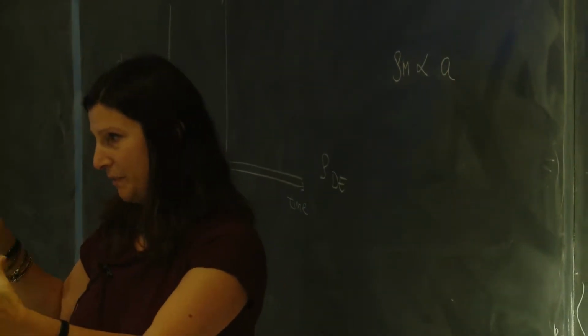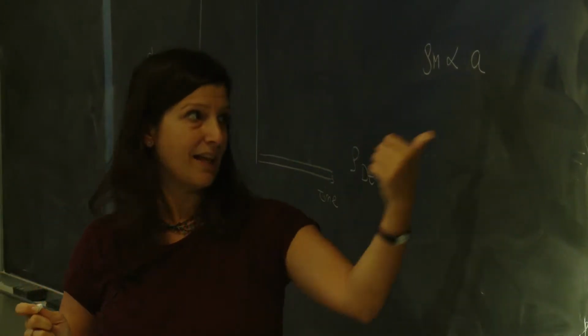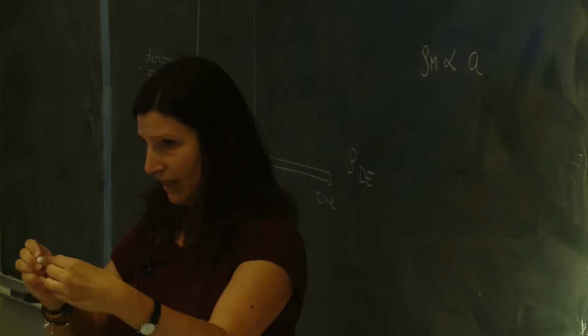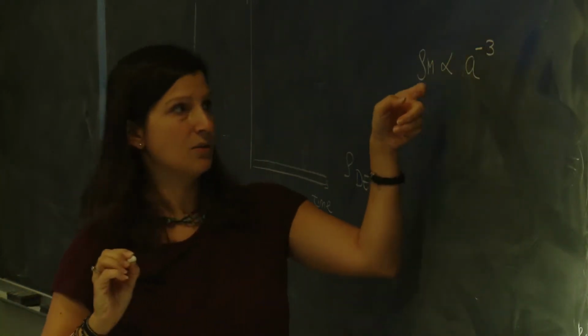So if the volume expands, the density decreases. And if rather than the volume I use a scale factor, just to say any linear dimension, the density would go as a to the -3.